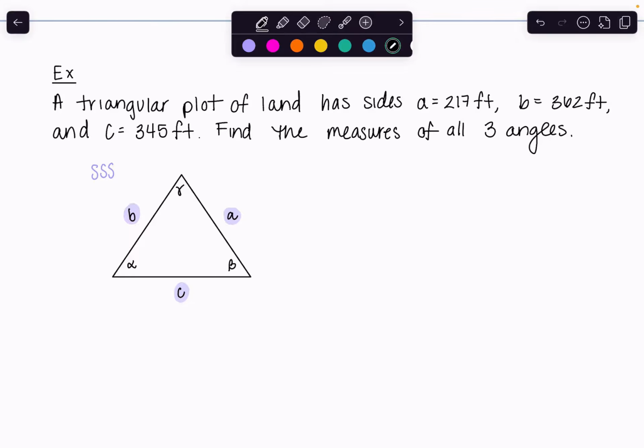In the case that you really hate this so much that you need or feel the need to use the law of sines, to show you here, A is 217, B is 362, and C is 345. You have to use the law of cosines at least once. What you would do is you would find that biggest angle. So 362 is the biggest side.